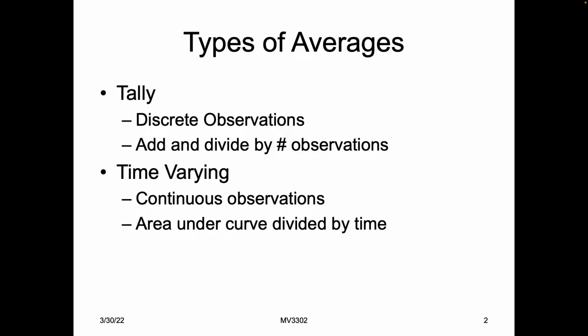So again, there are two types of averages that we need to consider. The tally is what you're used to: we have discrete observations, and the way you find the mean is by adding up and dividing by the number of observations. That shouldn't come as a huge shock to anybody. The time-varying average has to do with continuous observations, and this is valid in situations beyond discrete event models.